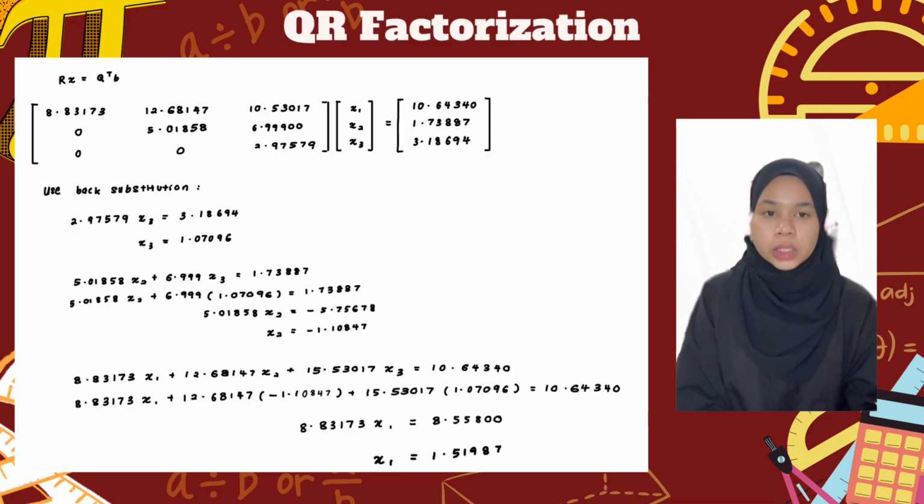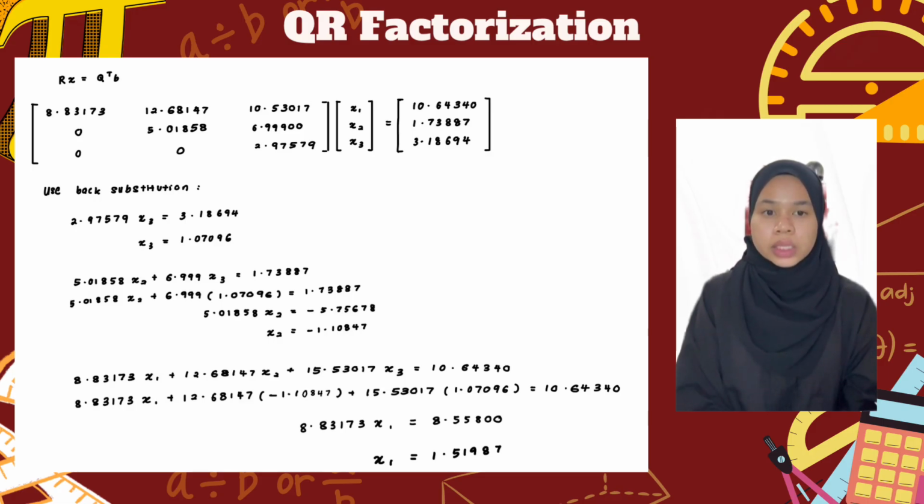Starting from the third equation, 2.97579 x3 is equal to 3.18694, and we will get x3 is equal to 1.07096. Next, we substitute x3 into the second equation. We will get x2 is equal to negative 1.10847.